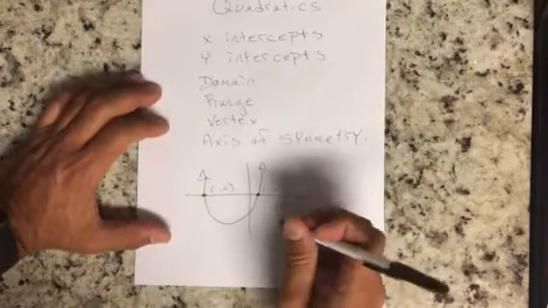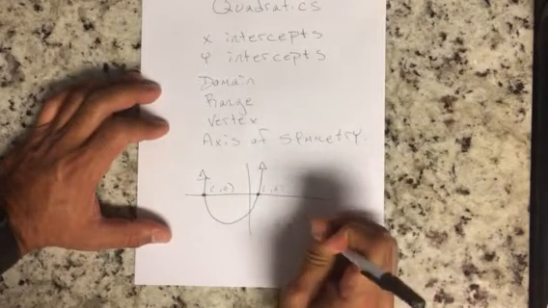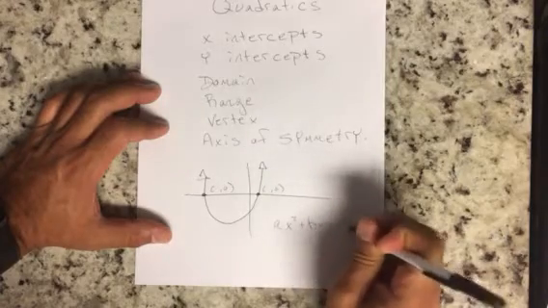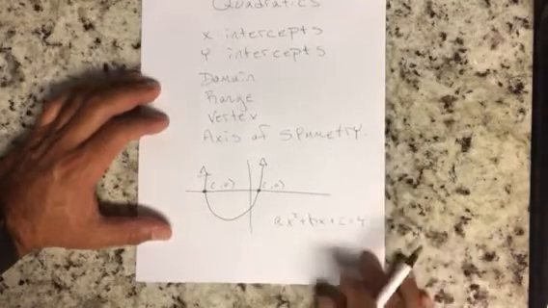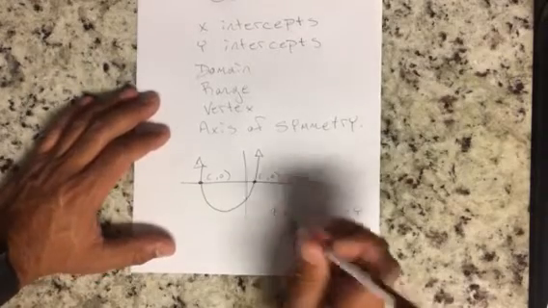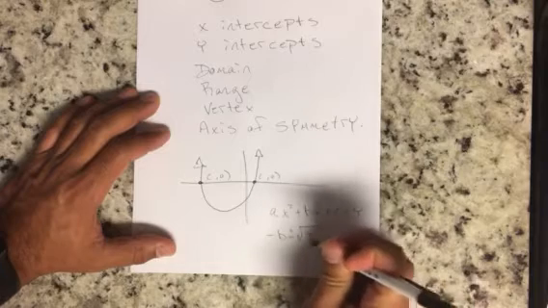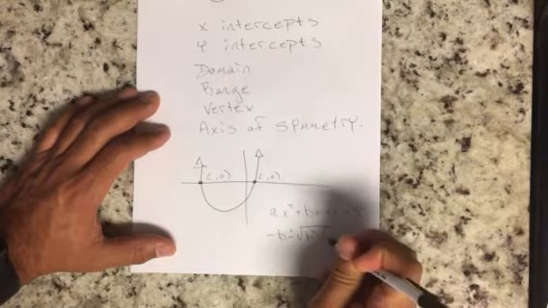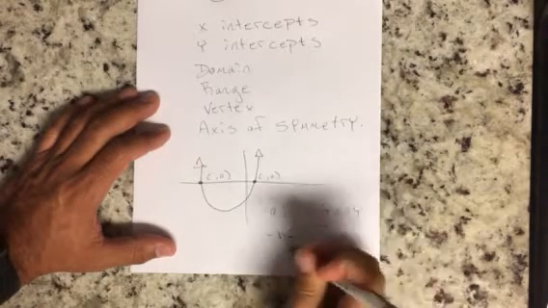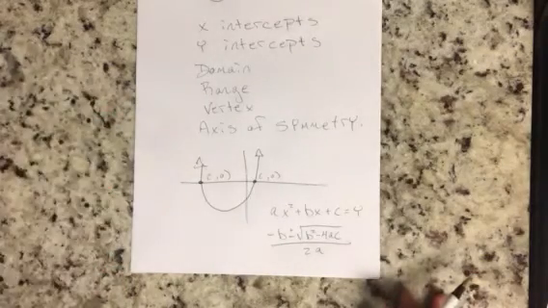If it's in standard form, which is ax squared plus bx plus c, you've done this a lot of times. To find the x-intercepts, you use the quadratic formula. And it's going to give you 2 x-intercepts.